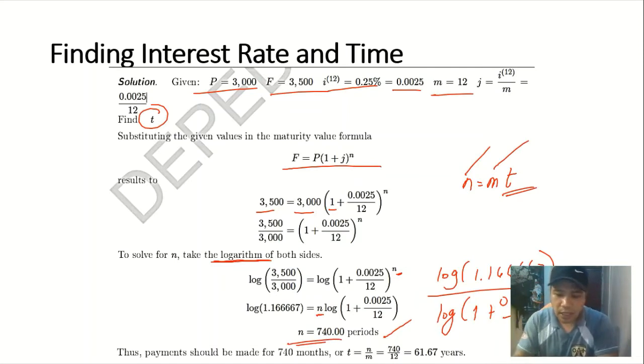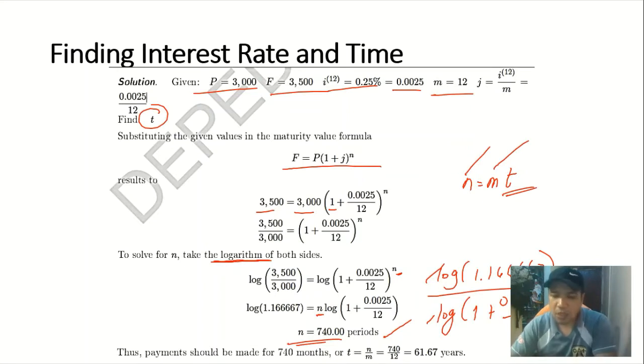Let's try this on the calculator. Make sure to have your own scientific calculator. Logarithm of 1.166667, divided by the logarithm of 1 plus 0.0025 over 12.